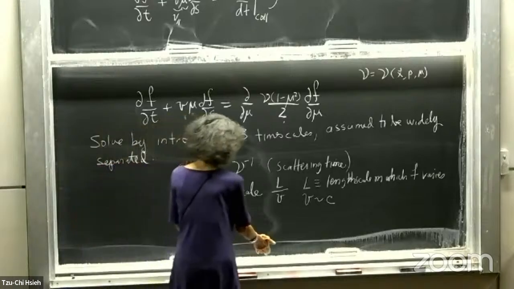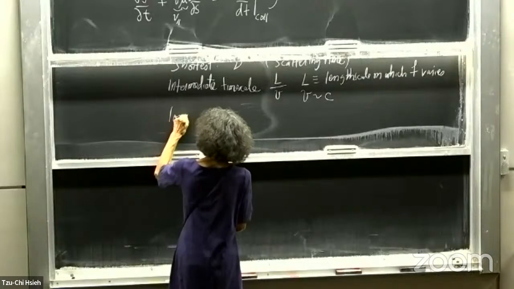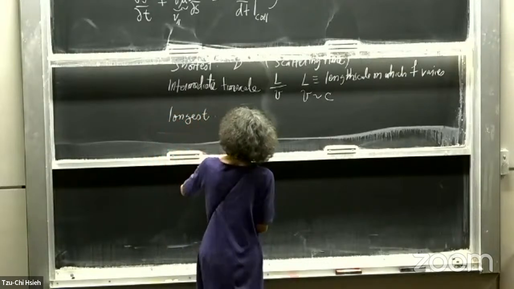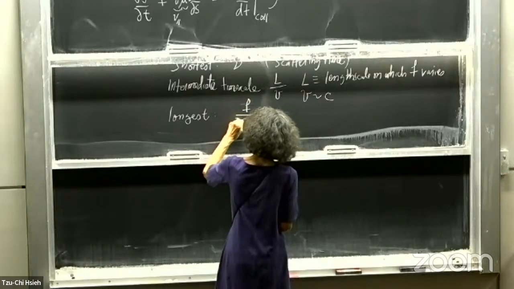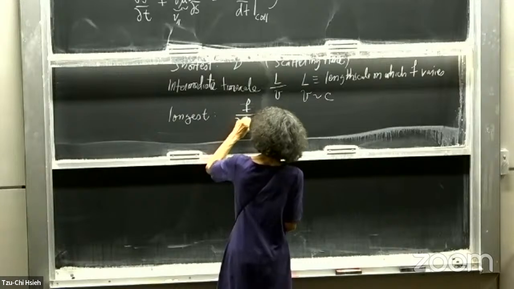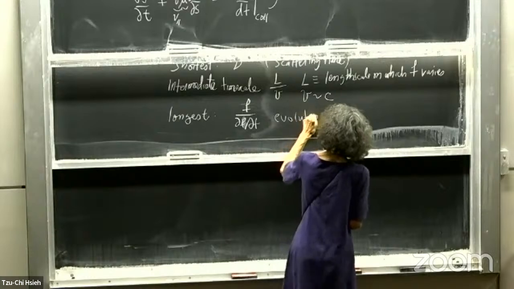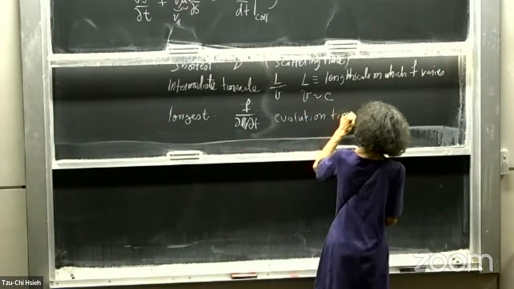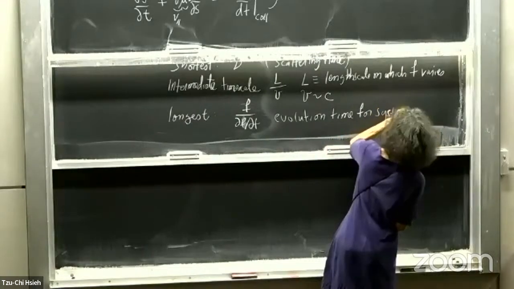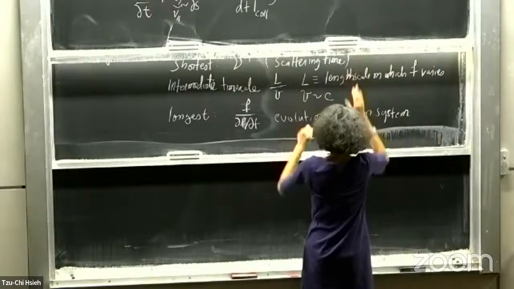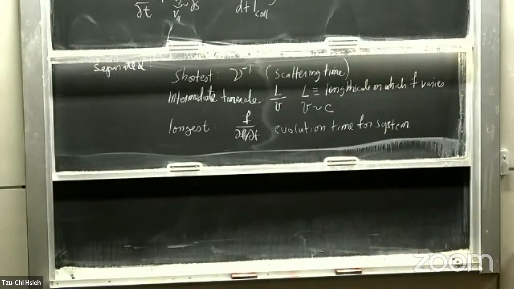And then our longest time I'll write as F over dF/dt. This is an evolution time for the system. So pictorially, what we're envisioning is something like this.